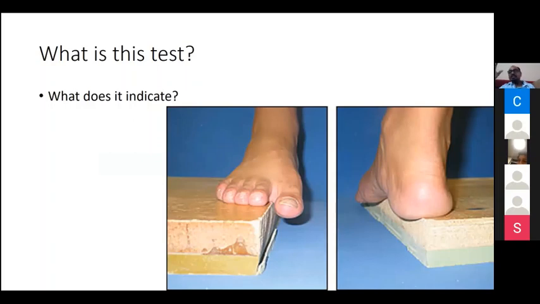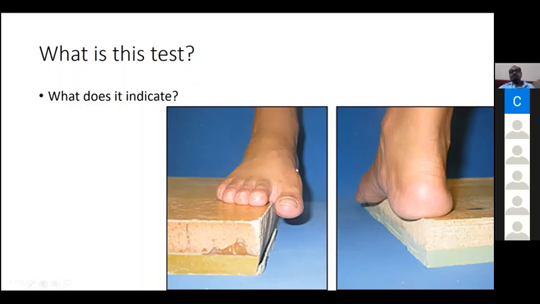At which particular joint are you looking? Subtalar joint. If the subtalar joint is mobile, it is flexible. And second, is it a forefoot-driven varus? It is a forefoot-driven varus.